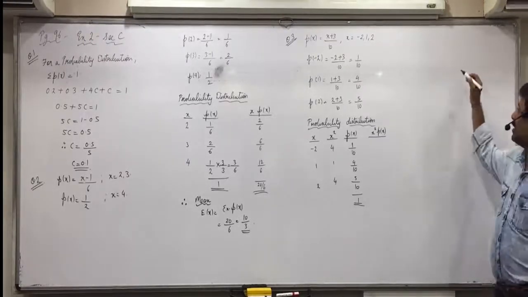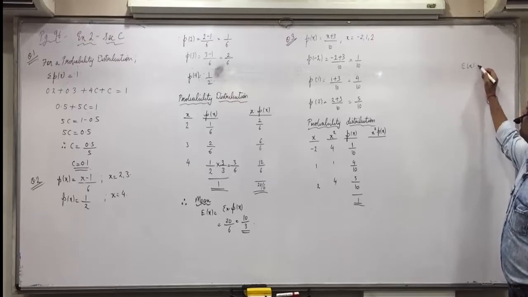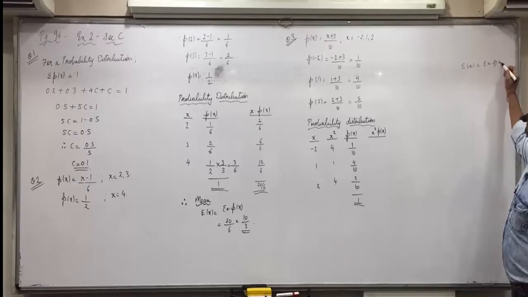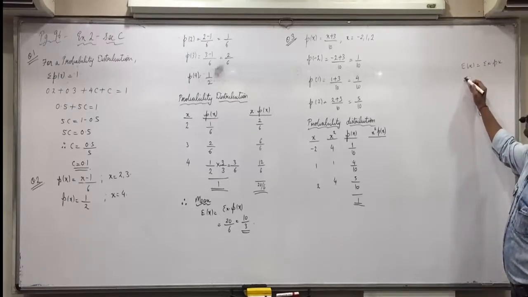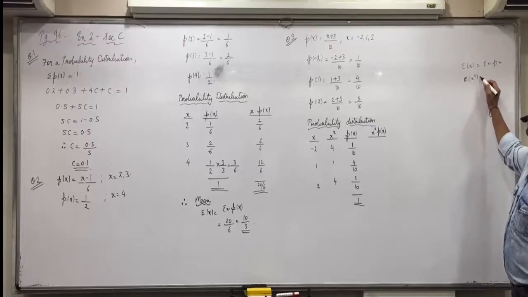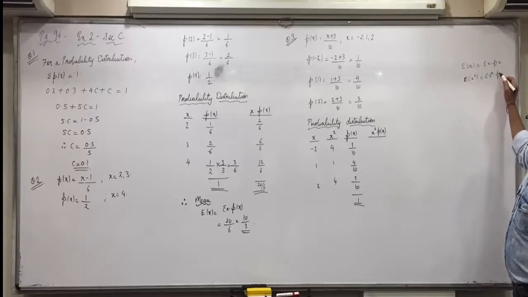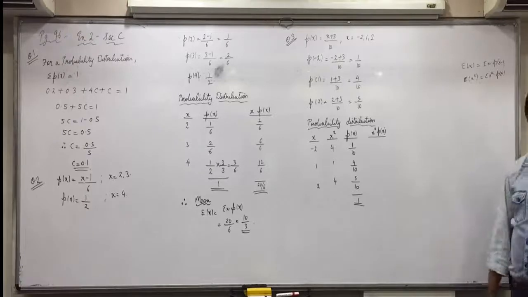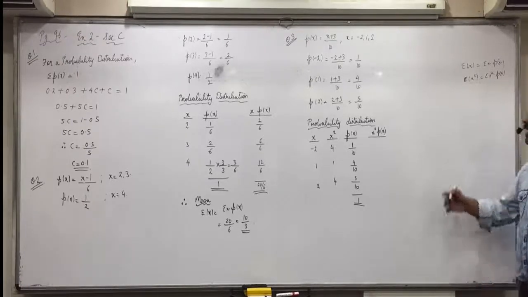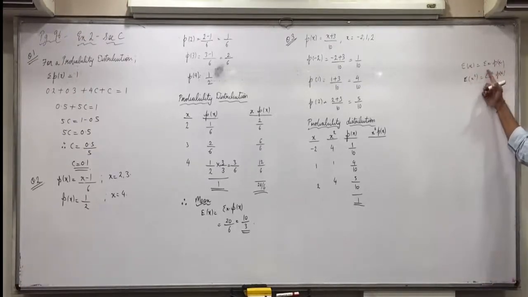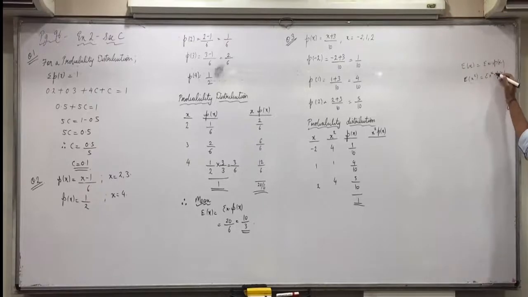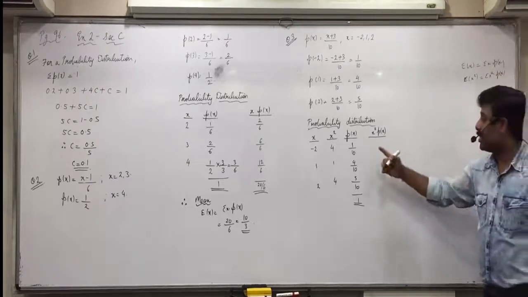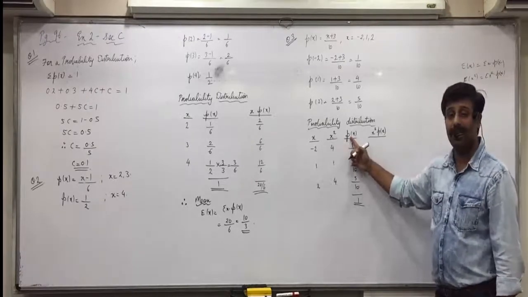So normally, E of x is sigma x p x. Same way, E of x square will be sigma x square into p x. Understood this? So x square we multiply with p x.